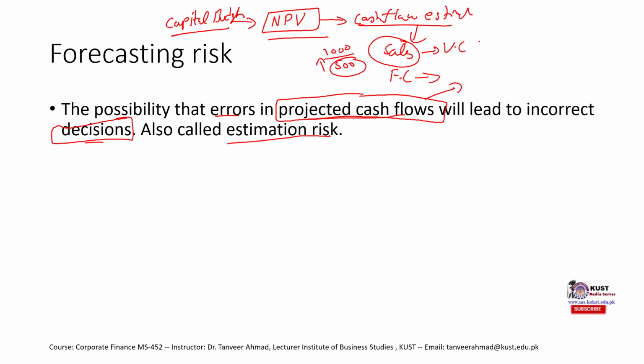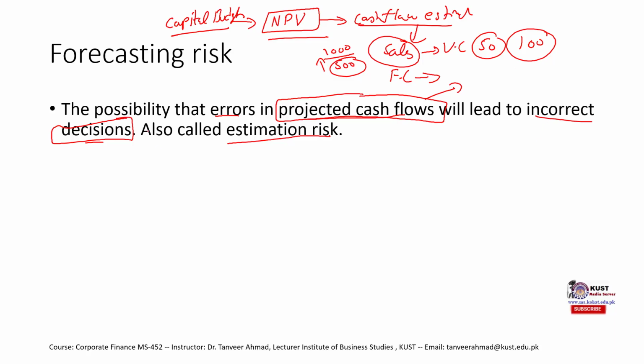Or if we estimated that our variable cost would be 50 rupees per unit, but actually it turned out to be 100 rupees per unit in the actual scenario when we started the project, so we underestimated the variable cost. But what would happen if we underestimated the variable cost or overestimated the sales? This would lead to an incorrect NPV, and hence we would have an incorrect decision.